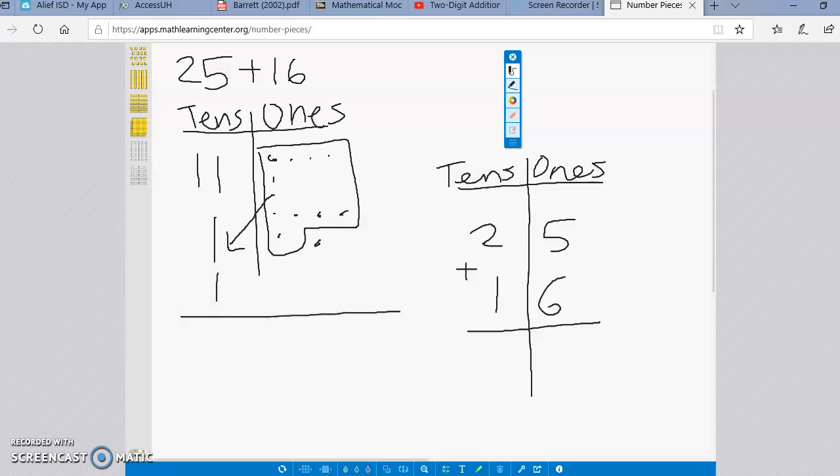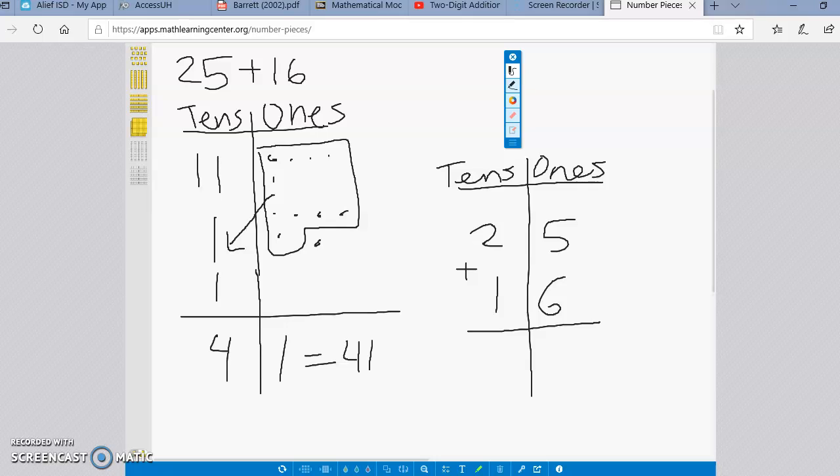And then we can go ahead and add our tens, 1, 2, 3, 4. And then we would also remember to count in the 1 in our ones, equaling 41.